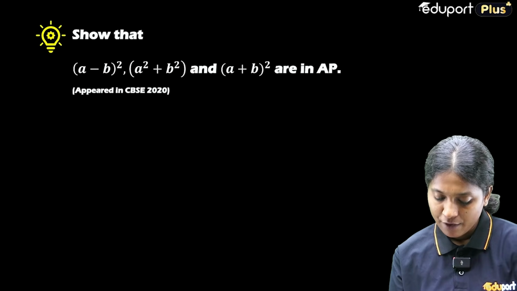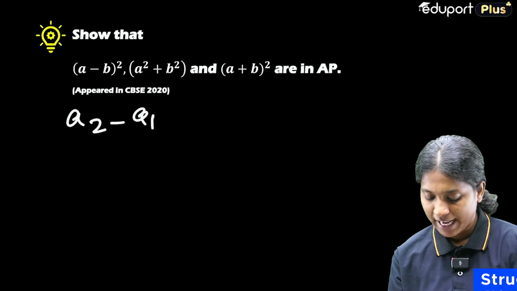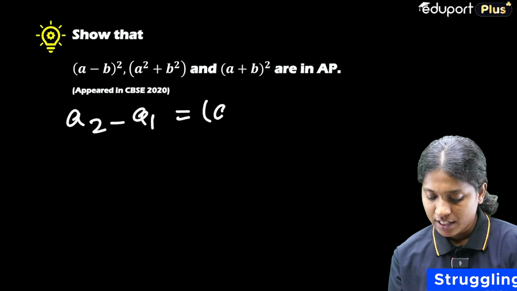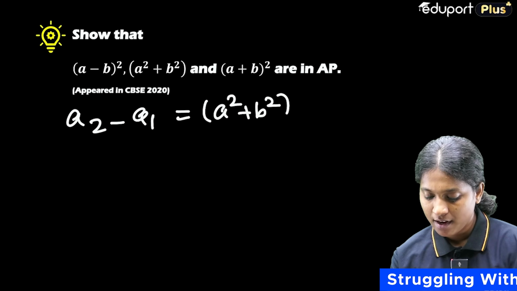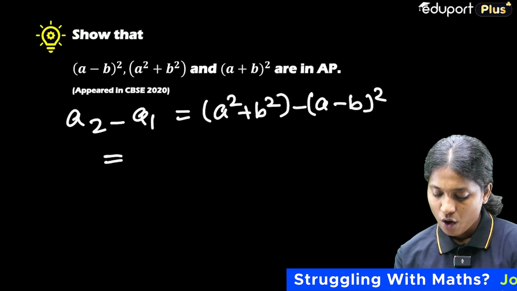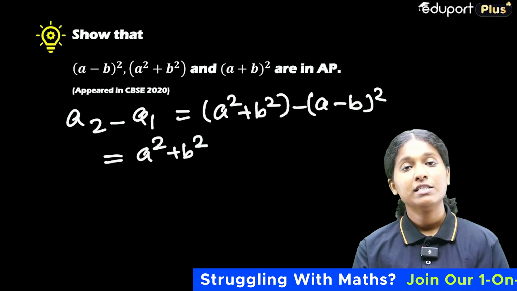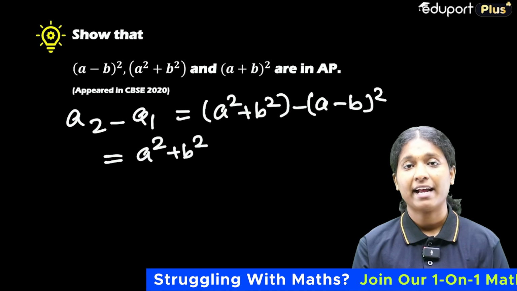Now firstly we can check A2 minus A1. So A2 minus A1 will be A square plus B square minus A minus B the whole square. When you are subtracting, it is important to give a bracket.